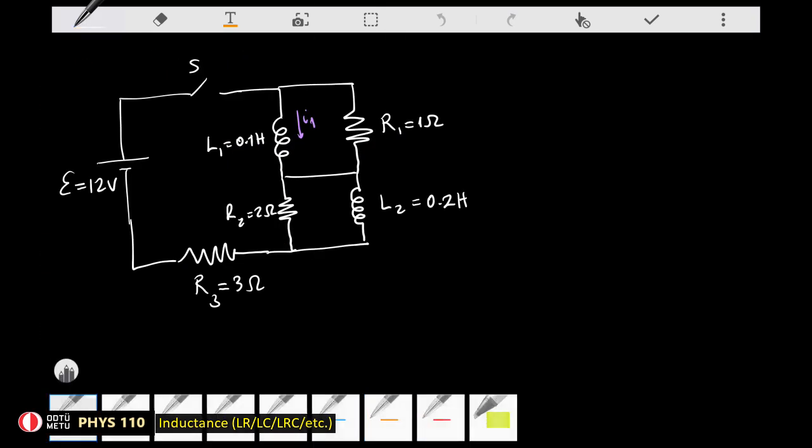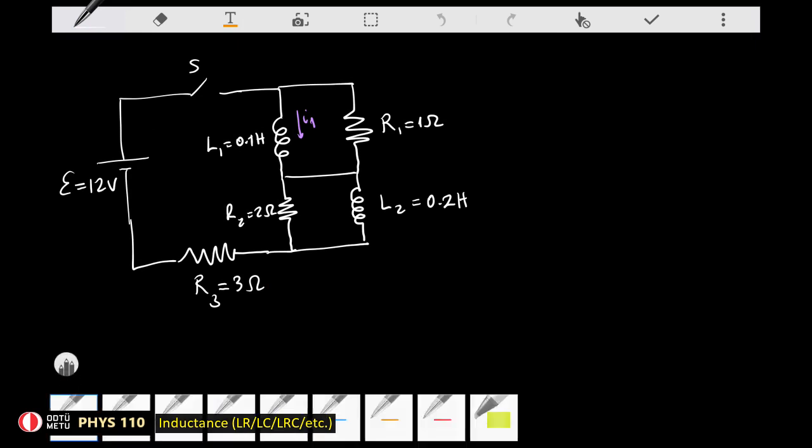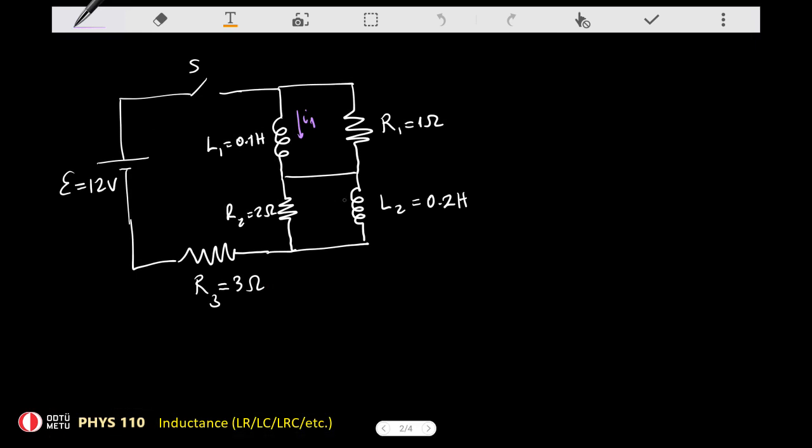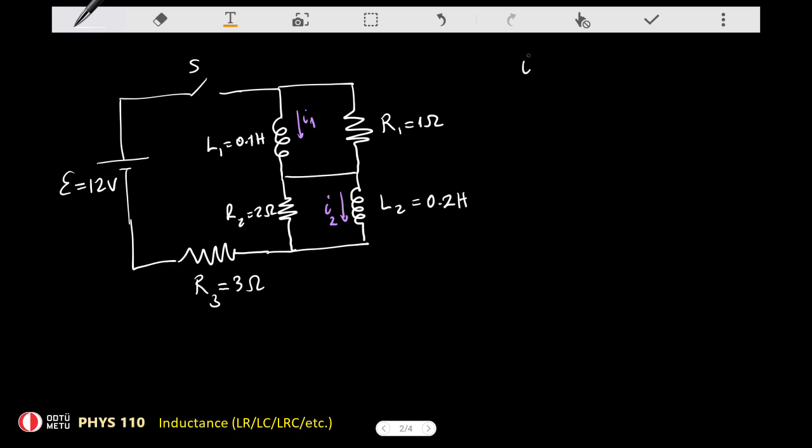So that's the circuit again. But this time, as we have said, the currents on these branches are 0. So let me just label these currents like that. The current on that branch, let me also call this I2. Let me write explicitly that this is for time t equals 0.